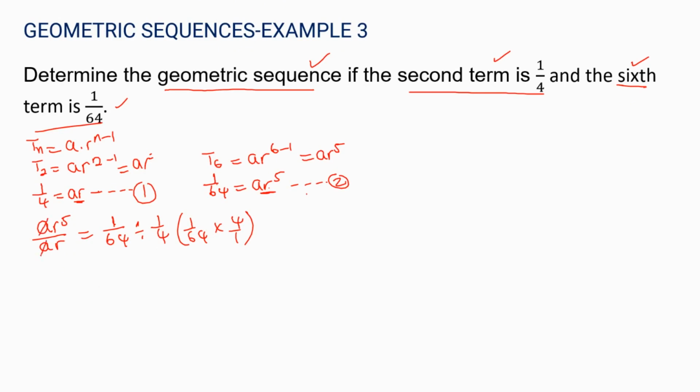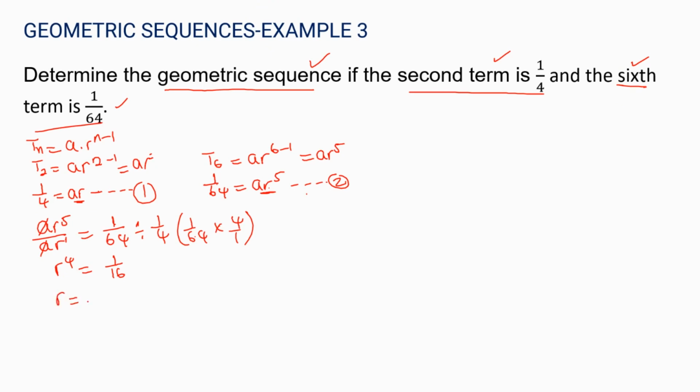Then A divided by A is 1, and R to the power 5 divided by R to the power 1. We're dividing powers with the same base, so we subtract the exponents. So R to the power 4 is equal to 1 over 64 times 4 over 1, that is 1 over 16.